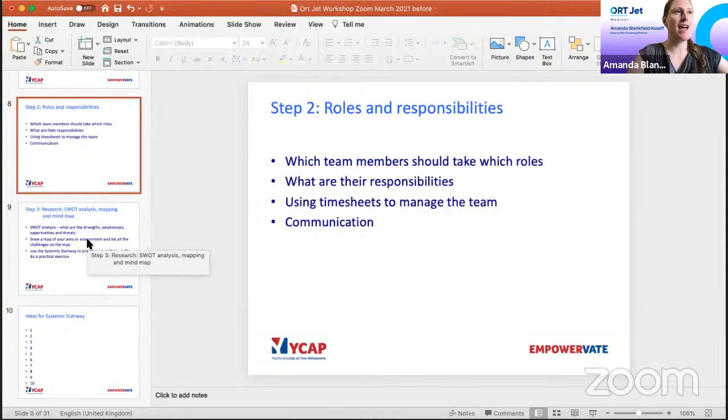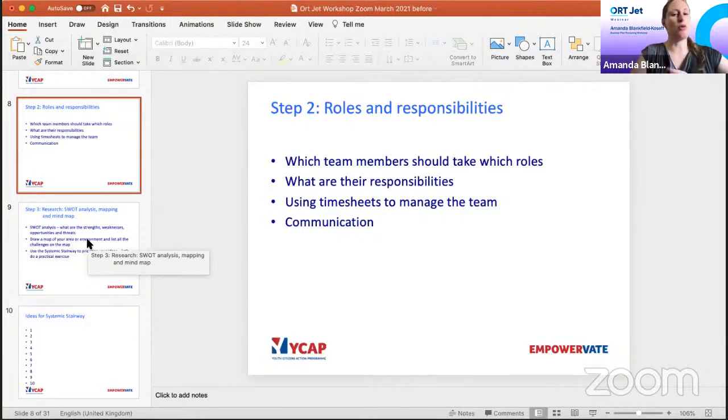So job plans, job descriptions, things like that are very important. And also everyone must agree to their job description, and they must agree to what they're doing. They can't just be assigned it and not really know what to do, or not want to do that. It needs to be a negotiation and discussion so that everyone is clear at the end that that is what they're doing. And some organizations use timesheets to manage a team.